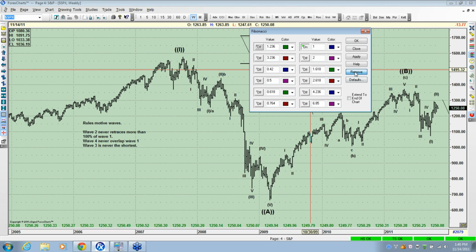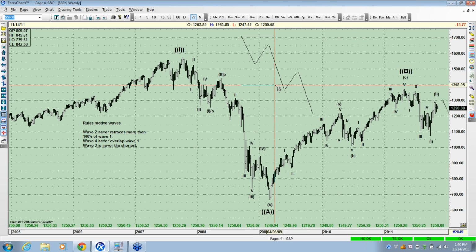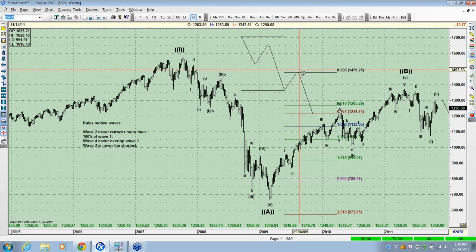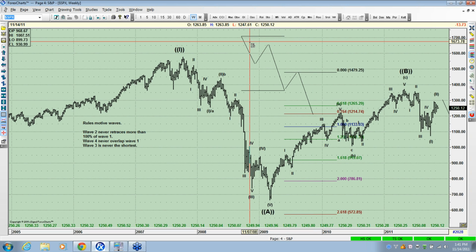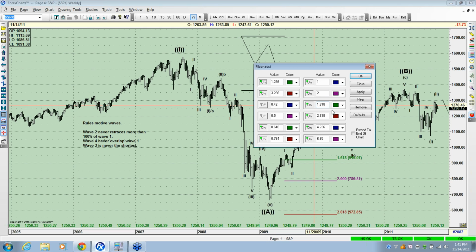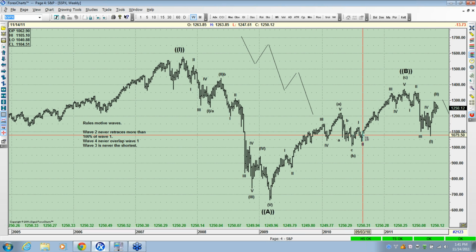Or the last one: you measure the distance of 1 to 3, and you put it at the top of wave 4, and then wave 5 is going to be the 0.618 of the distance traveled by wave 1 to 3. And that's going to be the end of wave 5. So that's how you identify the FIBOs within a 5-wave swing.